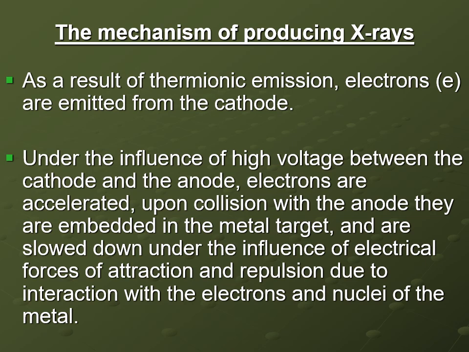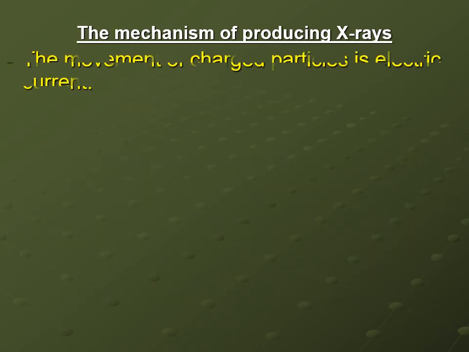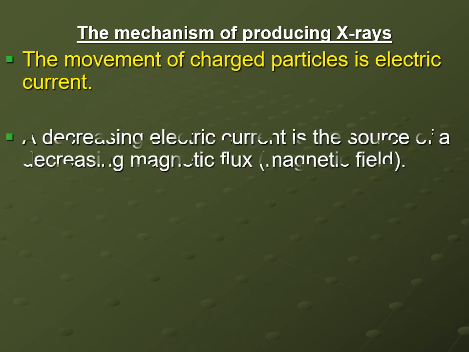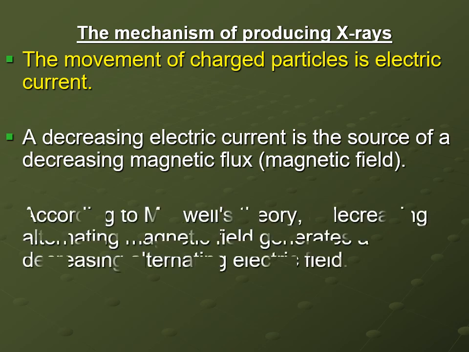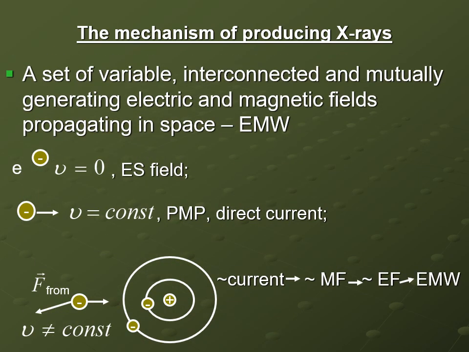Since we have the movement of charged particles, it will be an electric current. This electric current is decreasing, and there is a magnetic field. The alternating magnetic field leads to the appearance of an alternating electric field, and the combination of these fields will be just an electromagnetic wave for us.